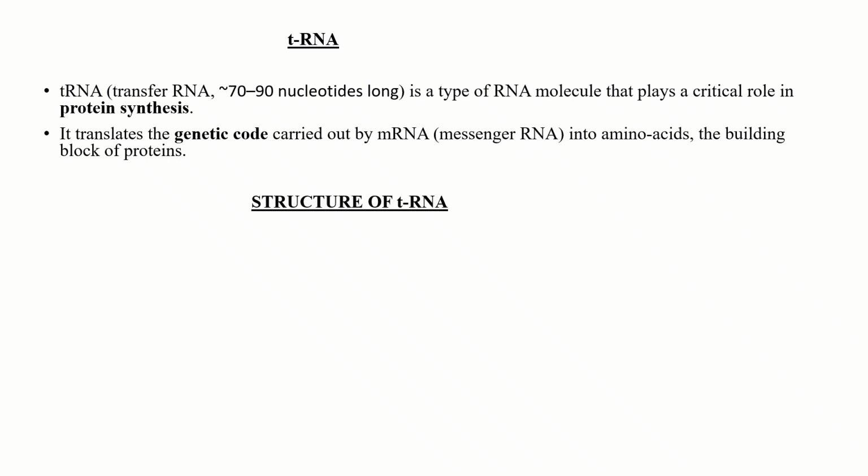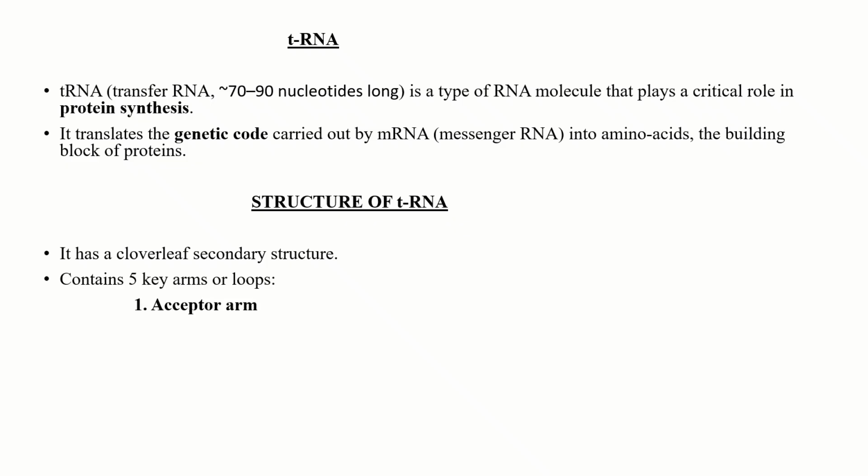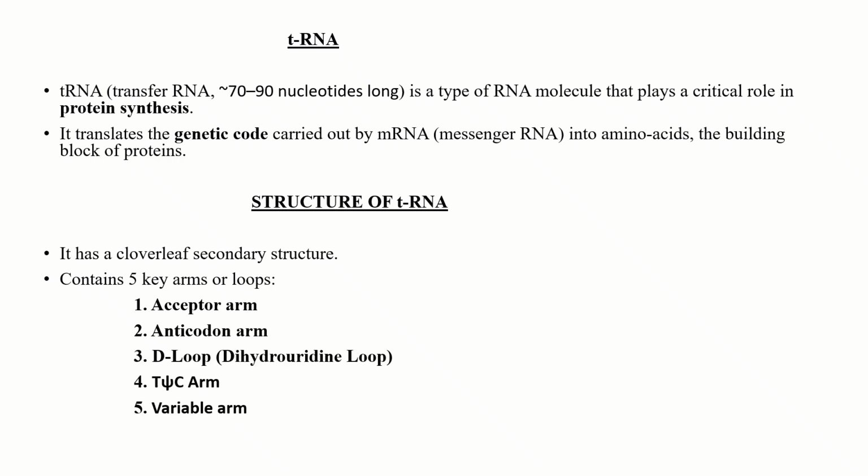Amino acids are the building blocks of protein. So let's move on to the structure of tRNA. The tRNA basically has a cloverleaf secondary structure, and the structure is very important as it helps it carry amino acids and recognize mRNA codons.